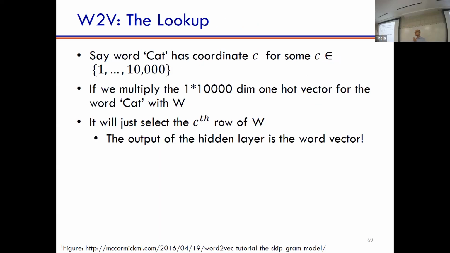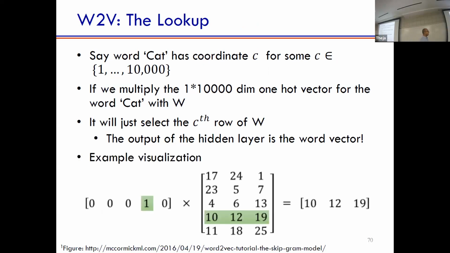So what is happening with the first step? When we multiply the 10,000 dimensional one hot encoding, let's say the brown is 1 and everything else is 0, with this W matrix, we transpose that one hot encoded vector and multiply it with the matrix.